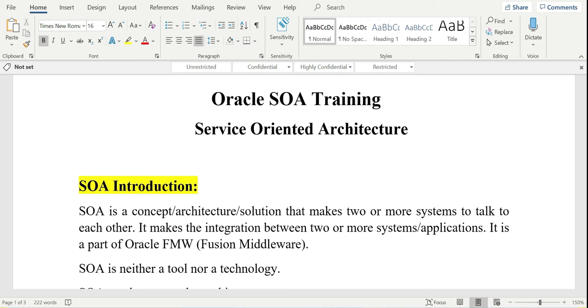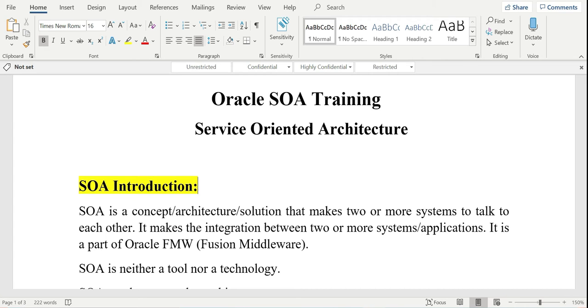It is just a concept, just an idea, just an architecture, you can say, that makes two or more systems talk to each other, to communicate with each other, so that they can be integrated and can send and receive data messages among themselves.